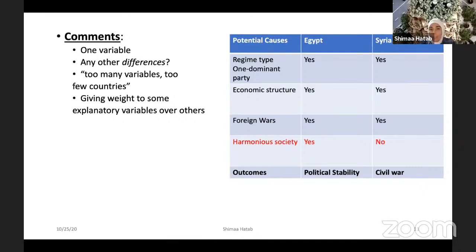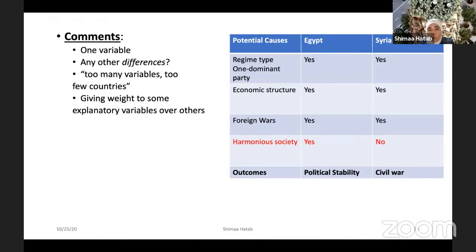Different outcomes, civil war and political stability, with the same kind of threatening political group. So this is within-case comparison.